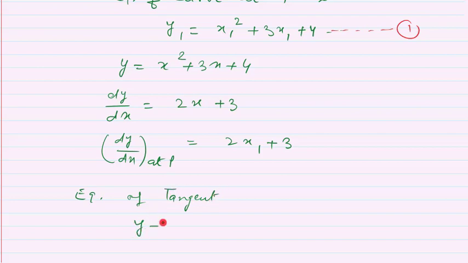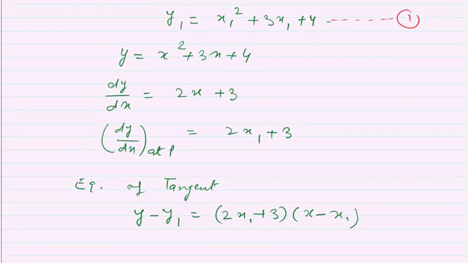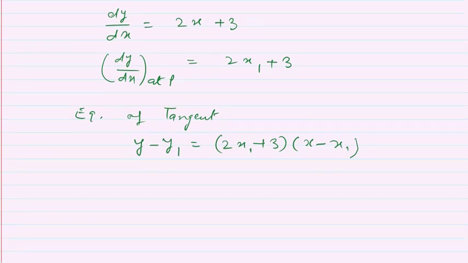by using y minus y1 is equal to m, which is 2x1 plus 3 into x minus x1. Now, as we have done earlier, first of all, we'll put the passing point of the tangent, and the passing point of the tangent is given origin, because it is given that tangent is passing through origin. So, we'll write as tangent is passing through origin, that is 0, 0.